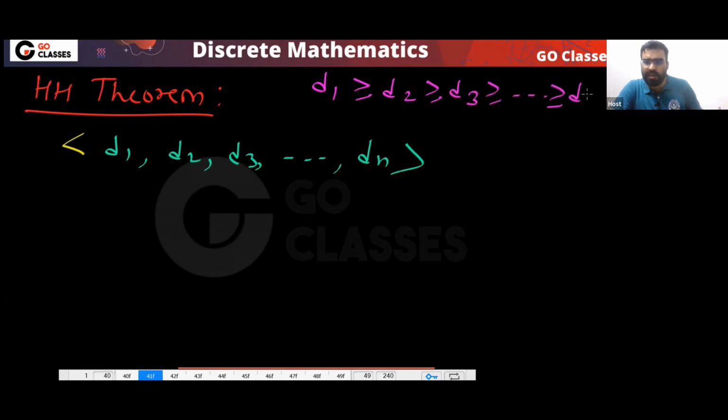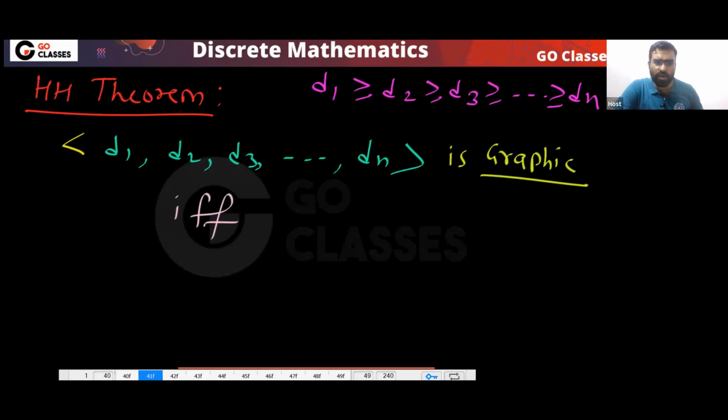Now, what does this Havel-Hakimi theorem say? It says that this sequence is graphic, meaning this sequence is for a simple graph. This sequence creates a simple graph if and only if this sequence is graphic.